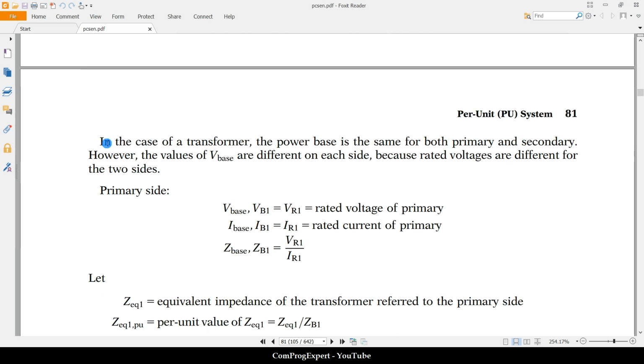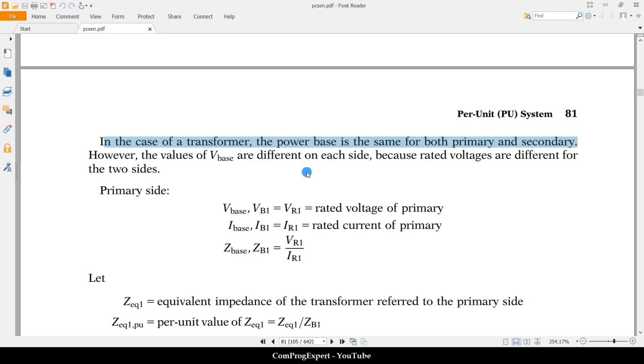So in the case of a transformer, the power base is the same for both primary and secondary. Yes, the power of the primary and secondary, we consider the same value for the base, right?